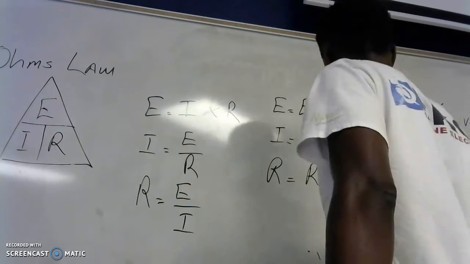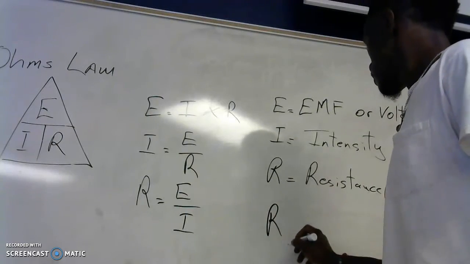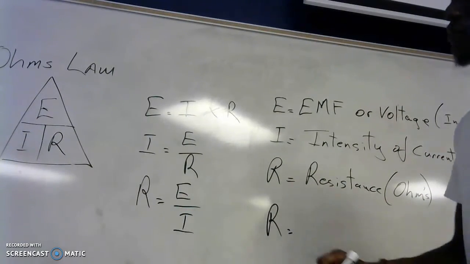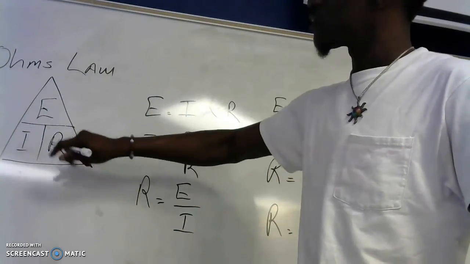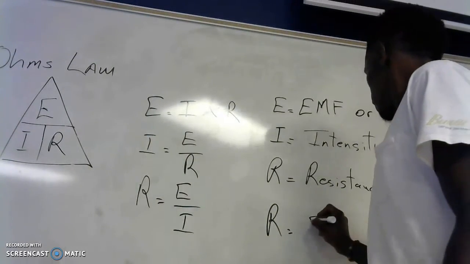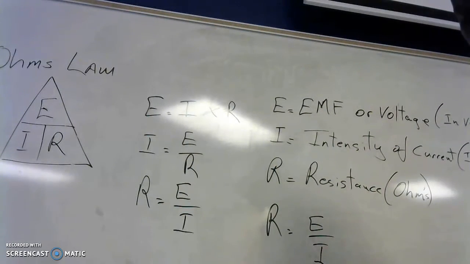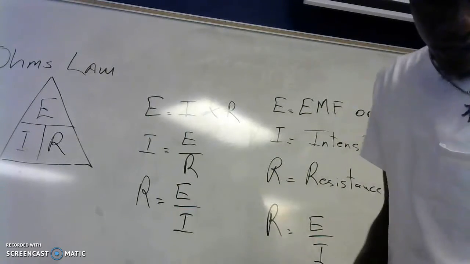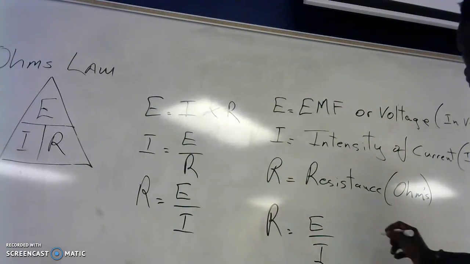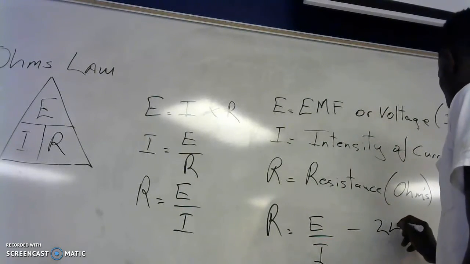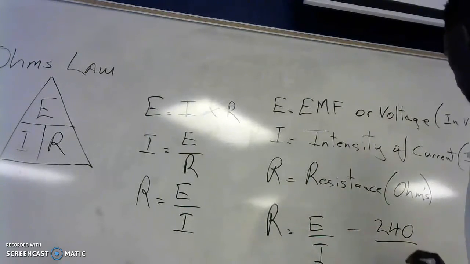Now we move forward to finding the resistance, which is R. What's the formula for R? Our triangle is going to help us. We're trying to find R, so it's electromotive force divided by the intensity, the current. Hypothetically speaking, we have 240 volts divided by 10 amperes.